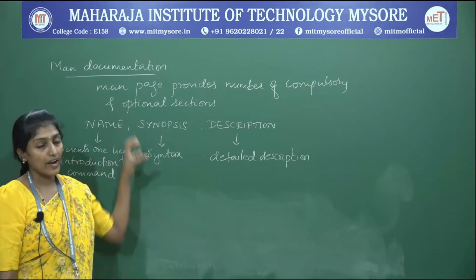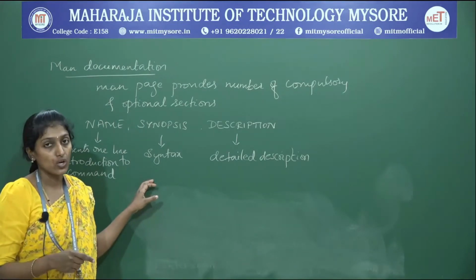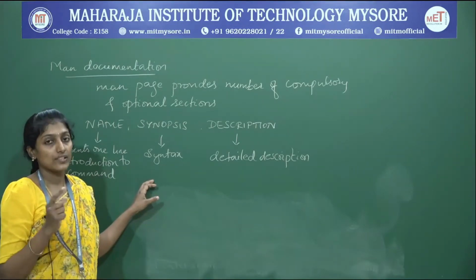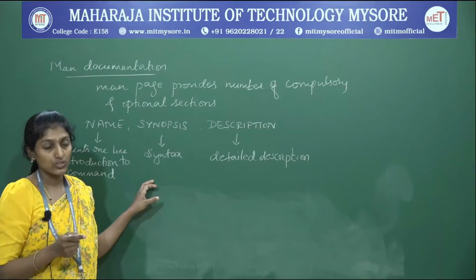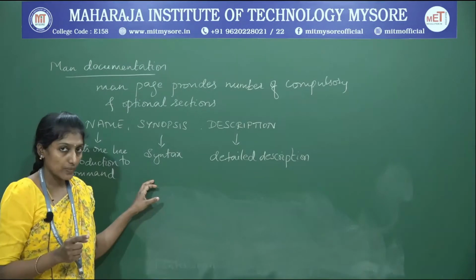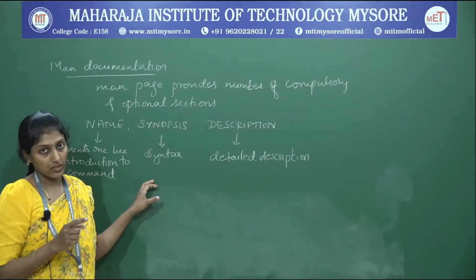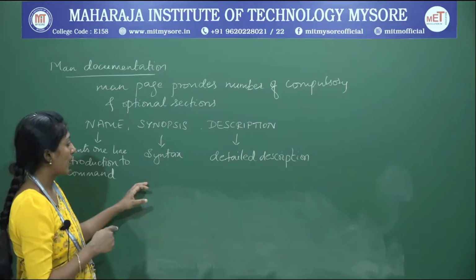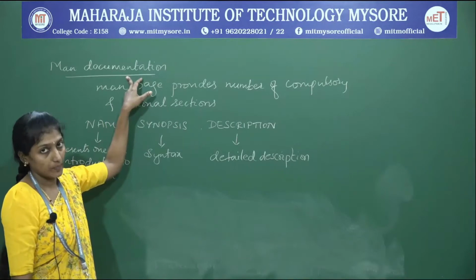So it is going to provide complete information about whichever command the user wants to know: what the command is, what syntax to use for that command, and whether any options or arguments have to be provided for it. All of this can be known by using man documentation.